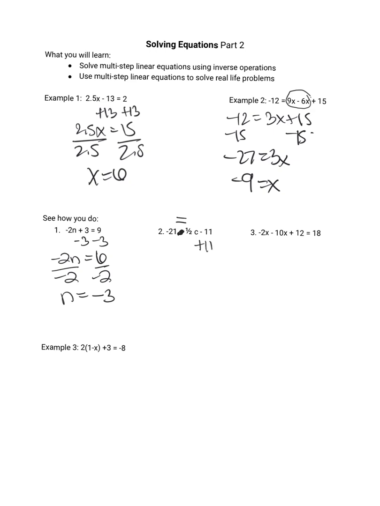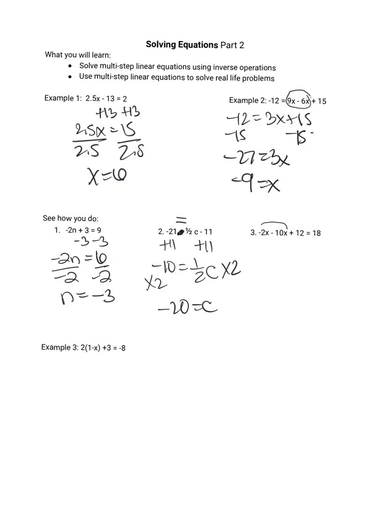So to start off with, we want to add 11. So negative 21 plus 11 is going to give us negative 10 equals 1/2 c. So here we would divide by 1/2. Another way to do that is to multiply by 2, and we would get negative 20 equals c.